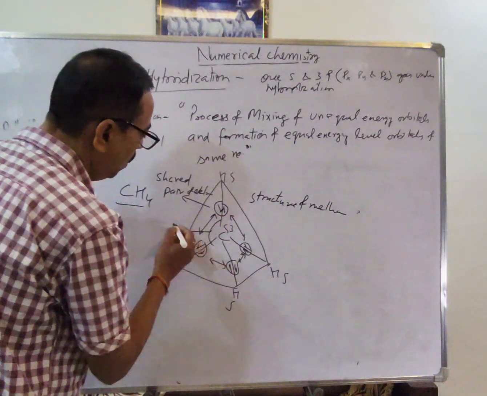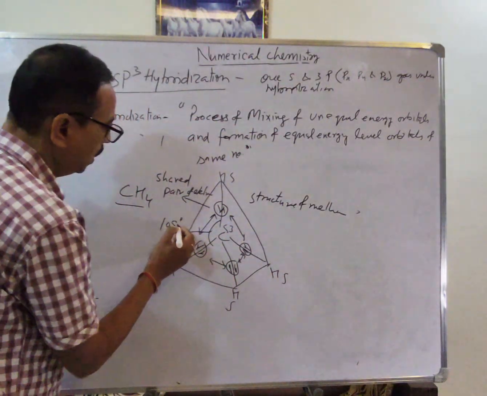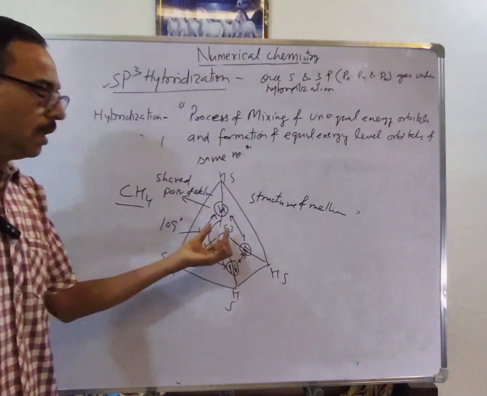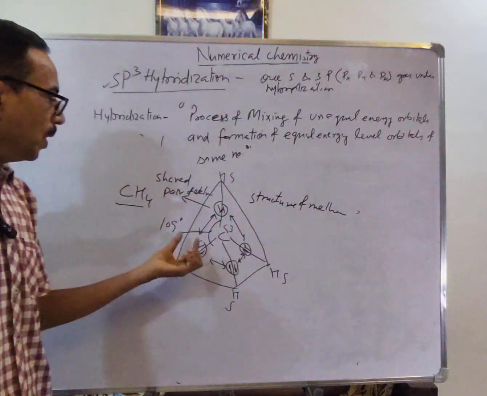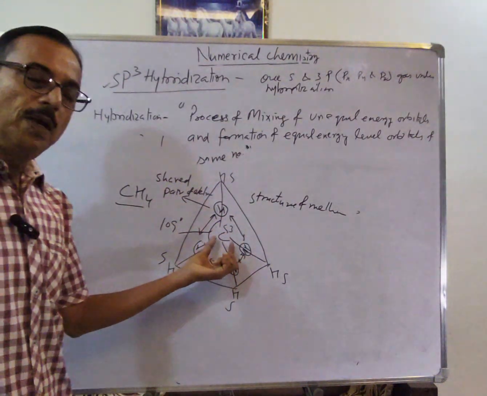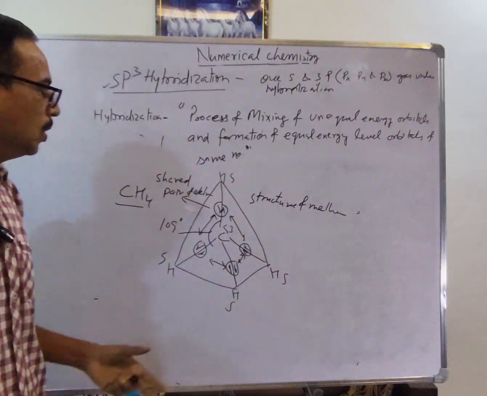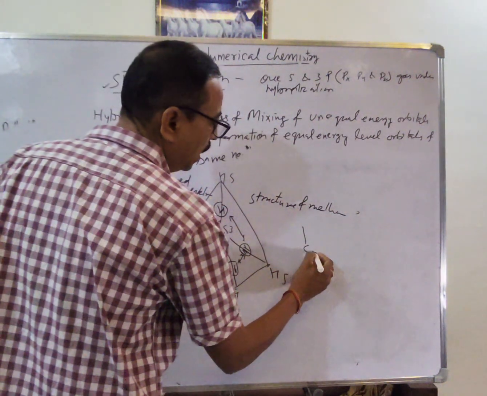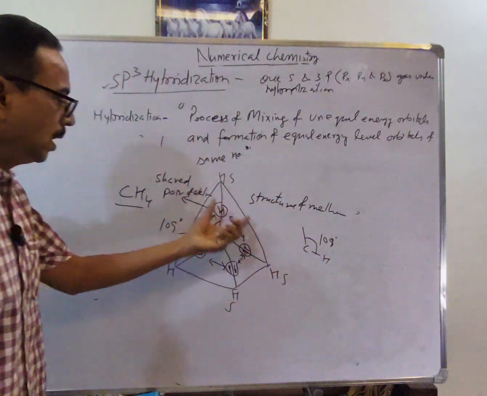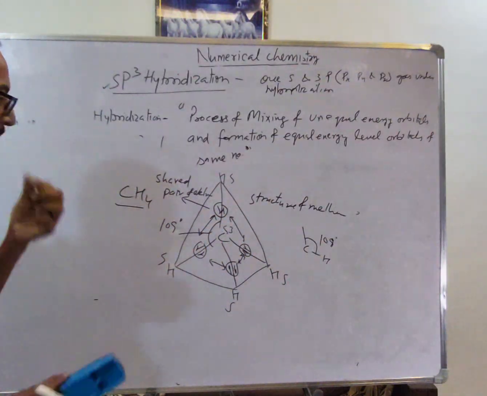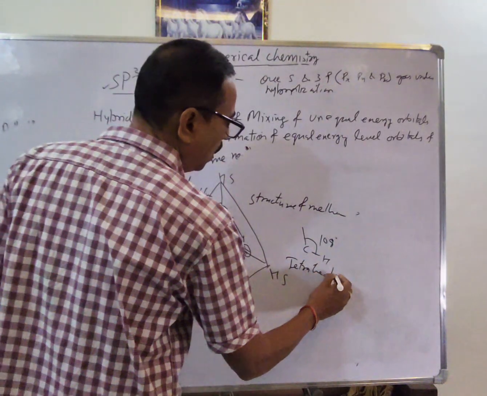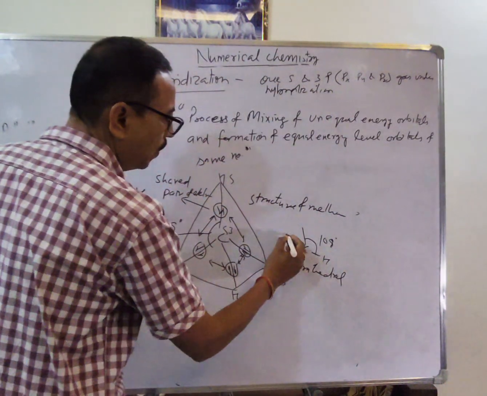This bond angle is 109 degrees. So due to bond pair repulsion, this structure becomes stable where the repulsion forces become equivalent and constant, that is 109 degrees. So the bond angle of C and H is 109 degrees. So note down: the structure is tetrahedral, bond angle 109 degrees.